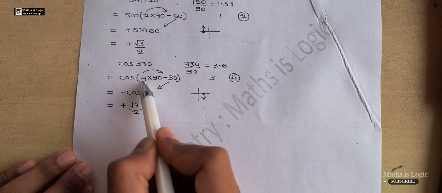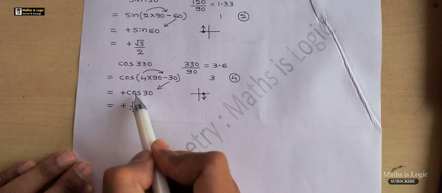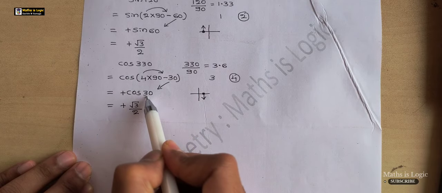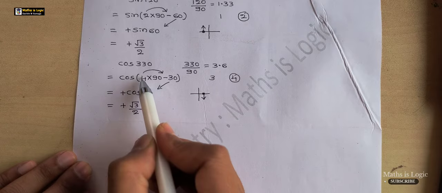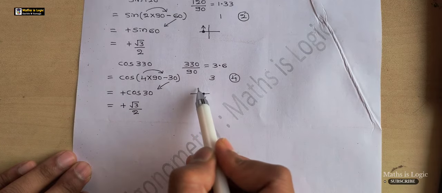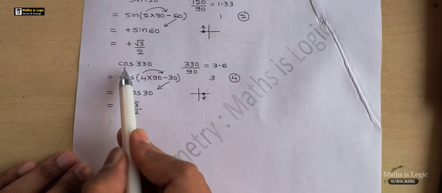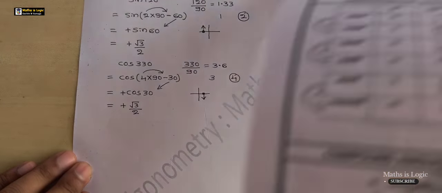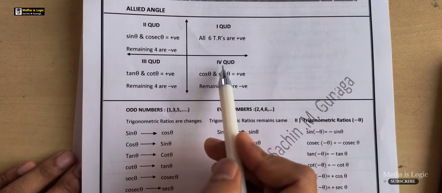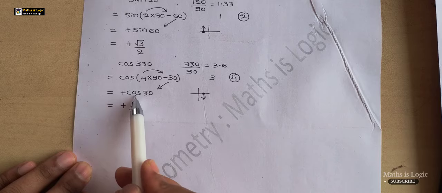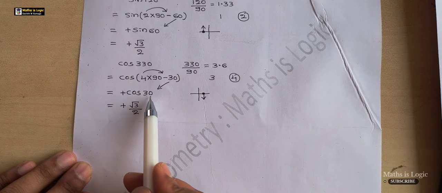Next because of even number, cos remains cos, at the end 30 degree is there, keep this 30 degree as it is. Next rotate 4 minus 0, 1, 2, 3, 4, minus means previous quadrant, fourth quadrant. Remember in the fourth quadrant cos is positive, correct? In fourth quadrant cos is positive, therefore it is a plus cos 30.